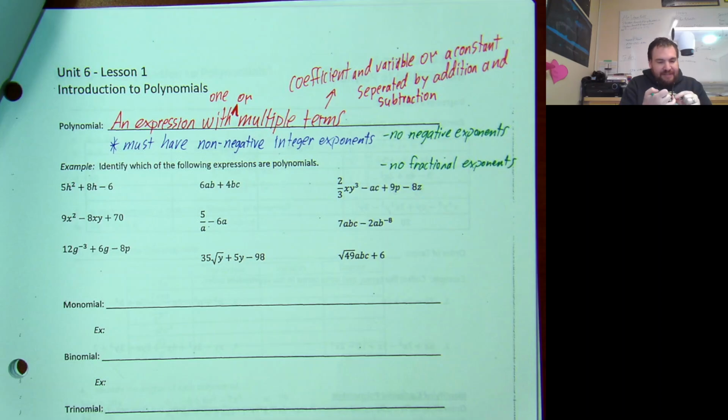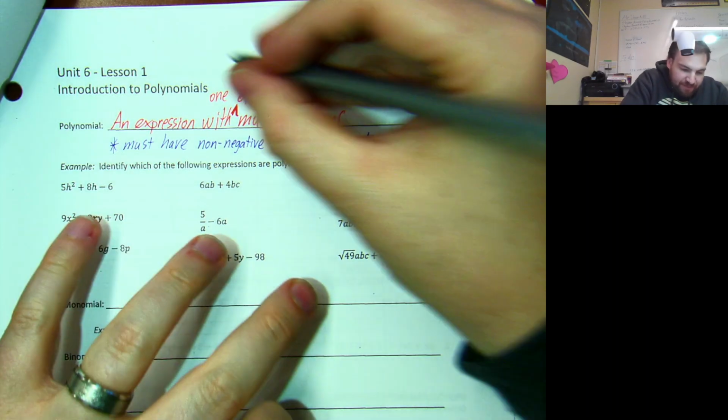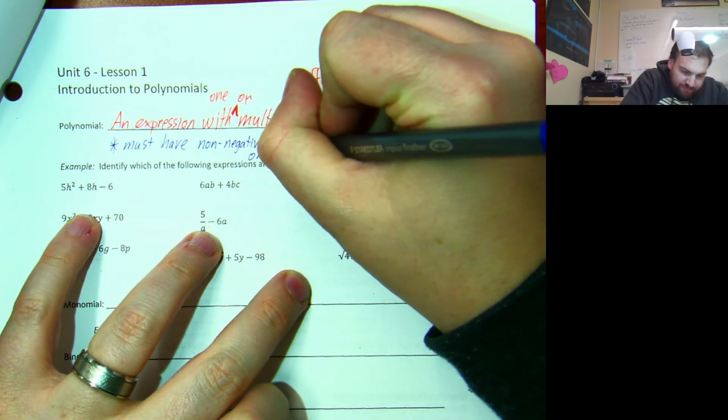Each one of those has an implication. If I'm not allowed to have negative exponents, what am I not allowed to do in a polynomial? The negative exponent probably is going to show up on, I'll say it this way, must have non-negative integer exponents on variables.